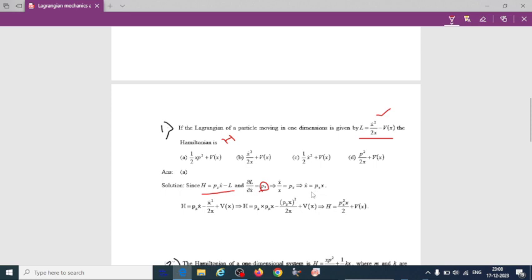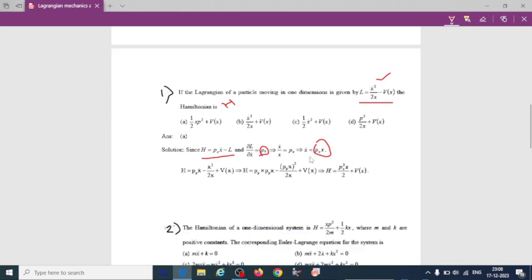So x dot is nothing but px into x. If you take the derivative of L, dou L with respect to x dot, you will have x dot by x is equal to px.